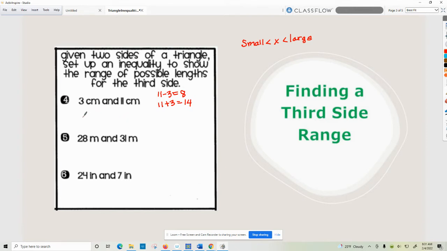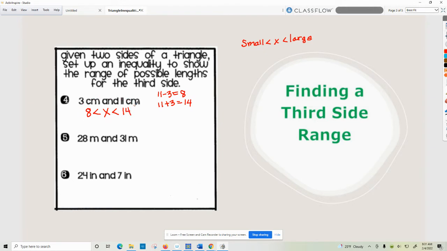Okay, so we're going to start with the small number. My small number there was 8, less than, here's my side. This is what that X is representing. Then I'm going to put that less than symbol again, and I'm going to put my big number here.